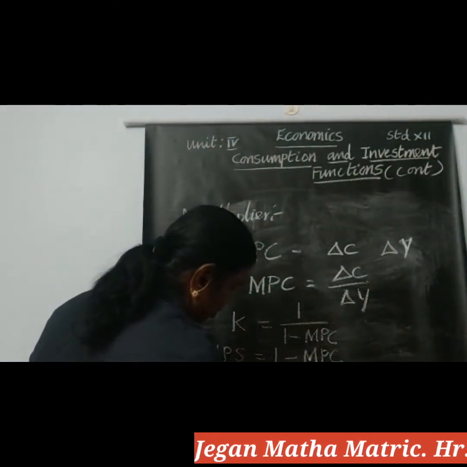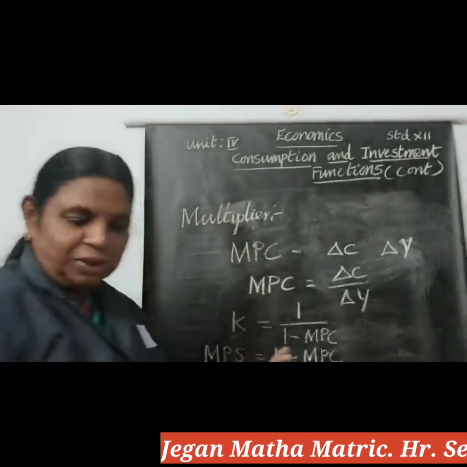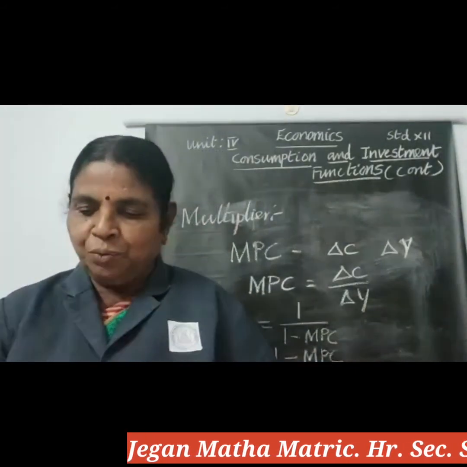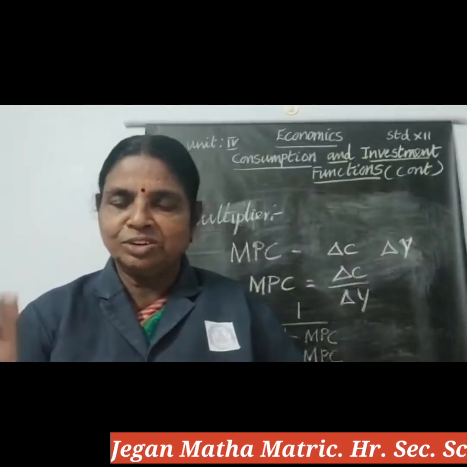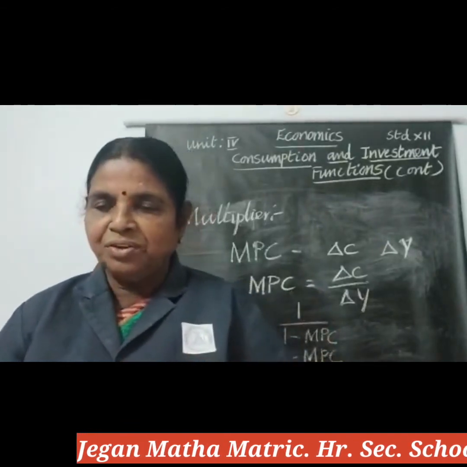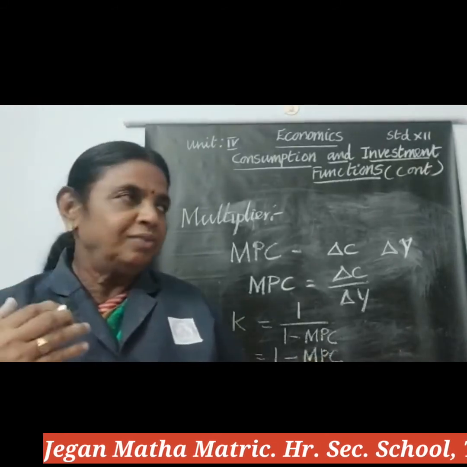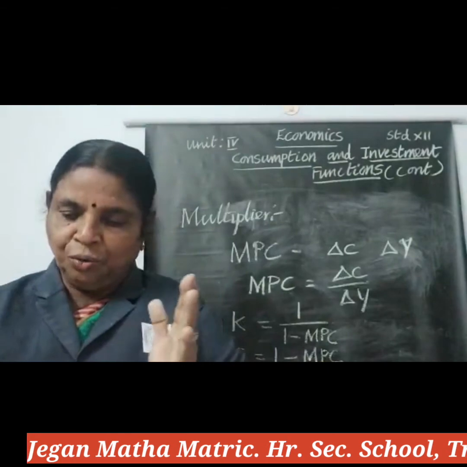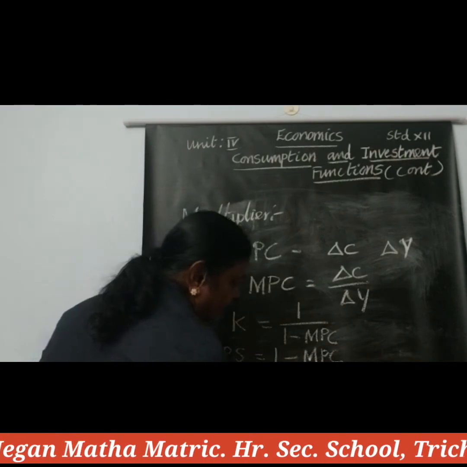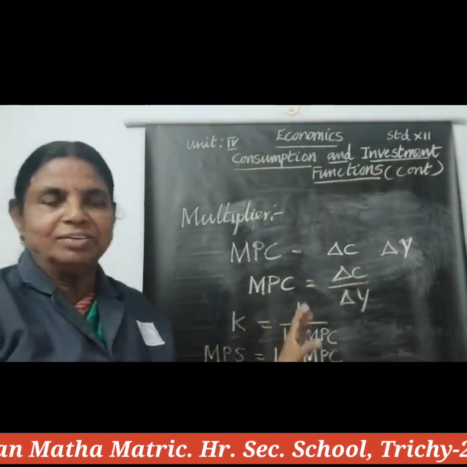Keep in mind that the multiplier is the reciprocal of 1 minus the marginal propensity to consume. Clear? And since MPS plus MPC equals 1, K is equal to 1 divided by MPS. This is what you have to remember symbolically.